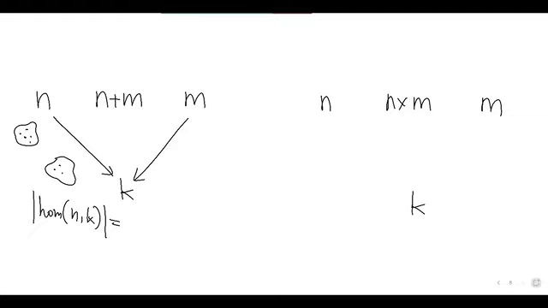Yes, and the reason for that is that if I want to set up a function, I need to pick an element here and then decide where to map it to. There are k choices. Let's record that. For the next element, there is another k choices, and then the choices multiply. We agree on the fact that choices multiply.